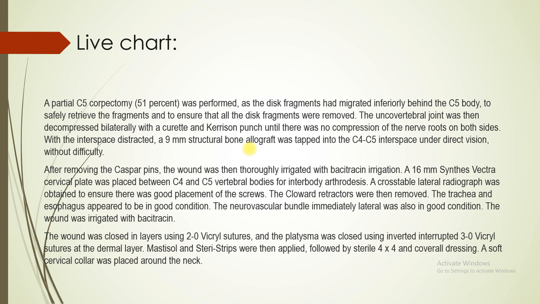Okay. So basically we have two types of bone grafts, allograft and autograft. Okay. And based on structure, we have two types of bone grafts, structural bone graft as well as cancellous bone graft. Okay. So structural means here the physician will use a single piece of bone graft.